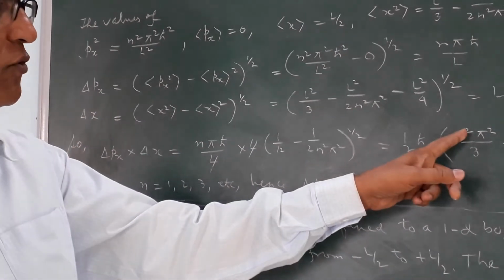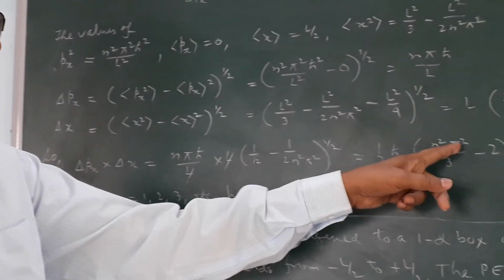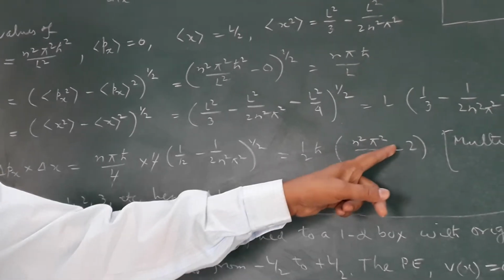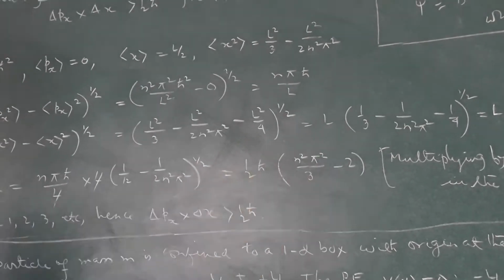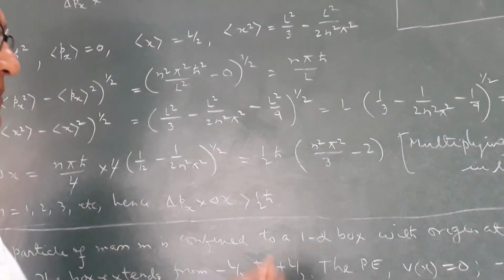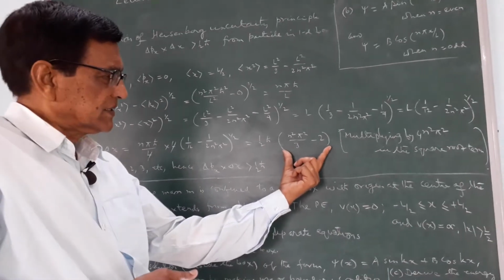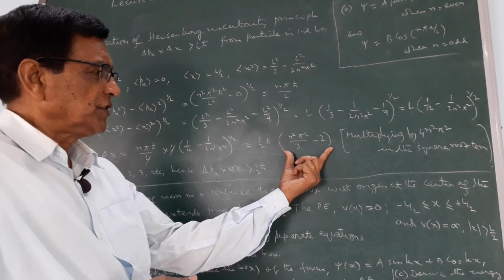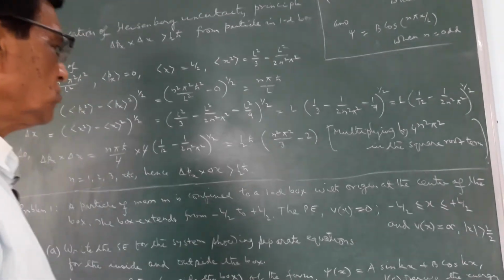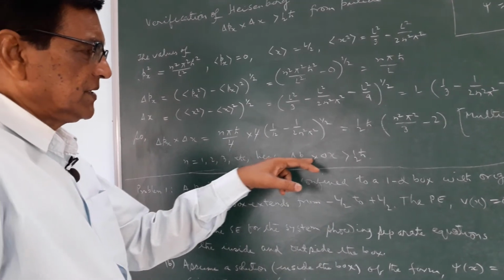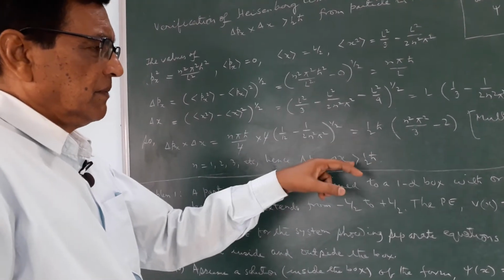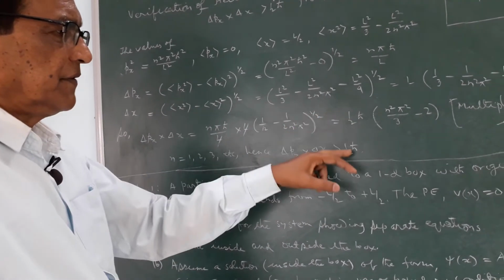If we take this value of n equal to 1, then it is pi square by 3 minus 2. Pi is 3.14 and its square. So this term within the bracket is positive and greater than 1. So del px into del x must be greater than half h cross.